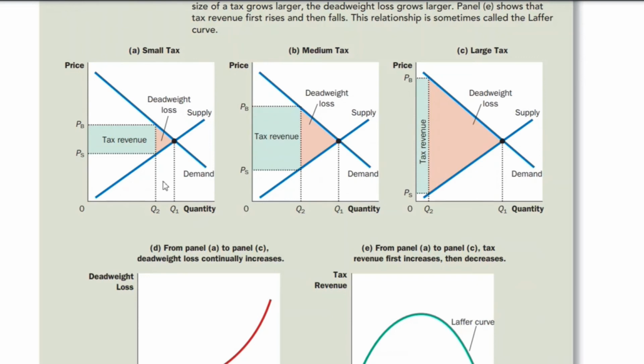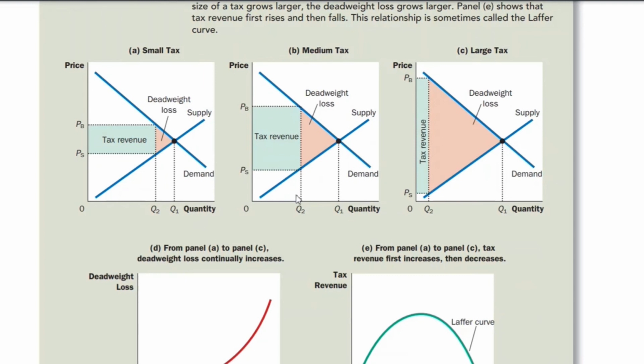As we know, tax revenue is the quantity multiplied by the amount of tax imposed by the government, and deadweight loss is the fall in total surplus which results from the application of a tax or some other policy instrument. When we impose a small tax, the tax revenue is also small.